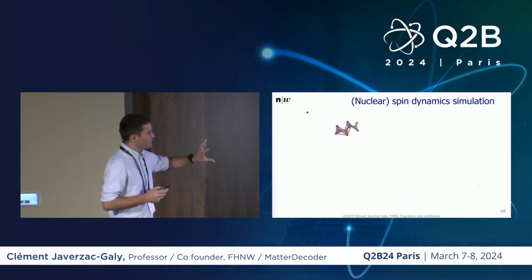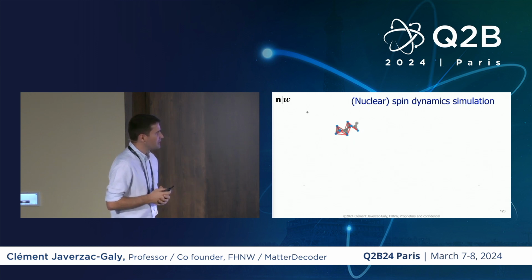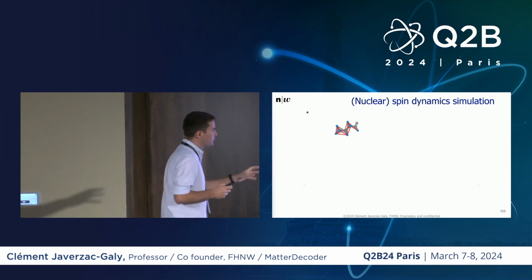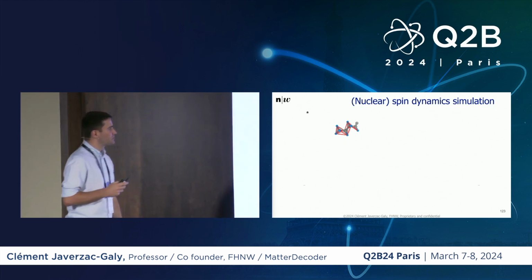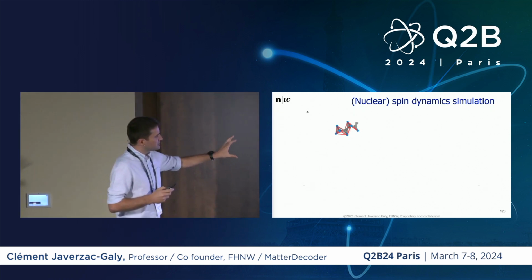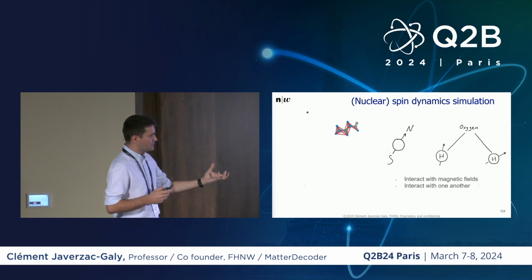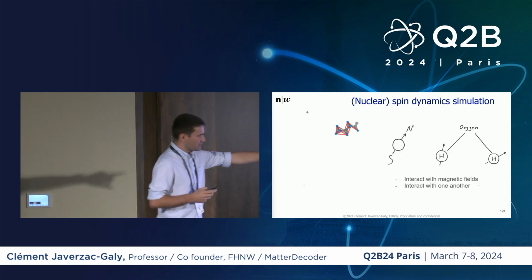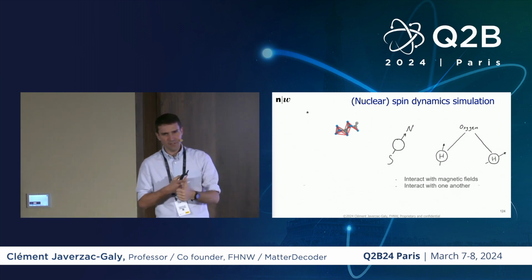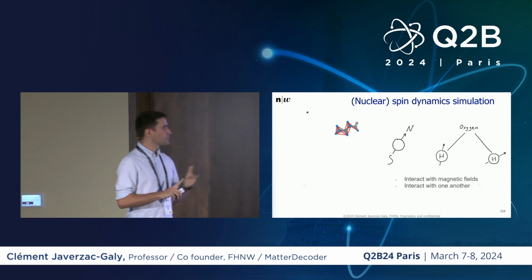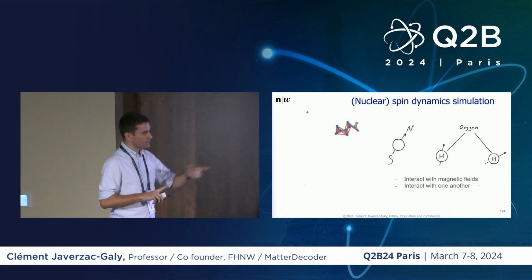In a nutshell, for those not familiar with nuclear spin dynamics, if we look at the molecule here, we see blue hydrogen atoms. There are spin interactions between them. In practice, spins, pictured as little magnets, interact with magnetic fields. Second, they can also interact with one another, like in this water molecule.